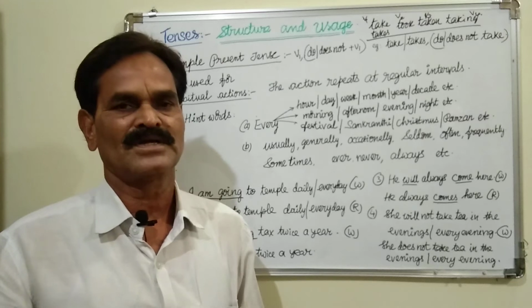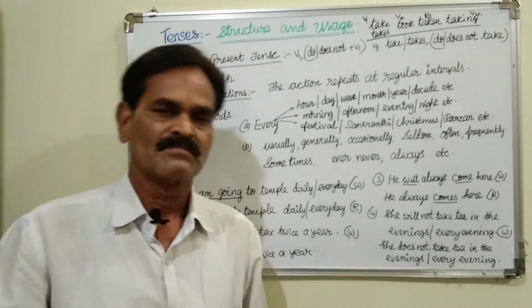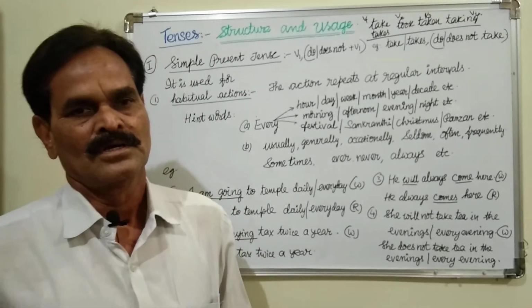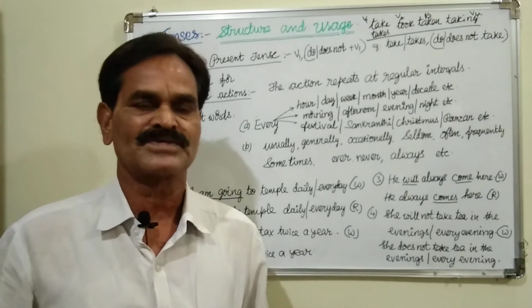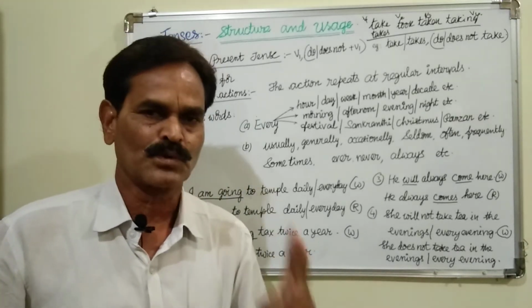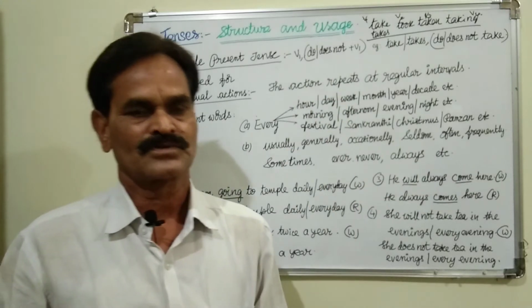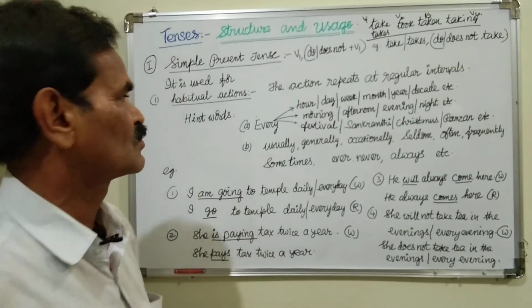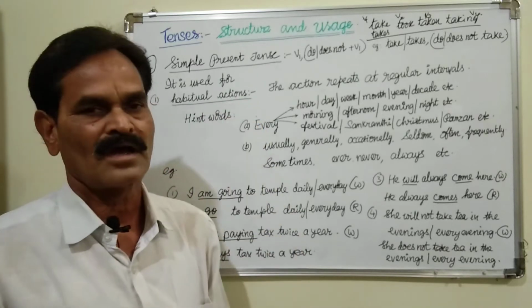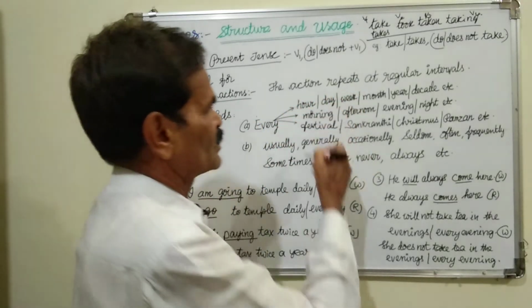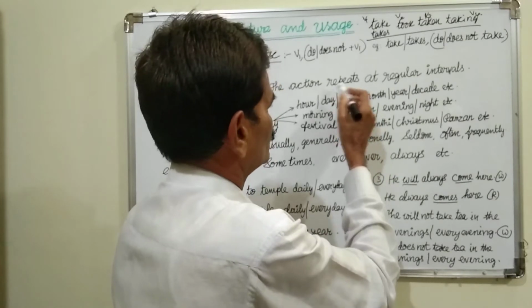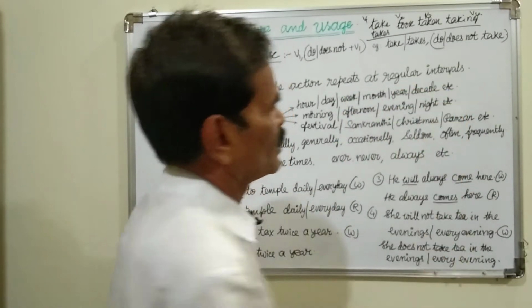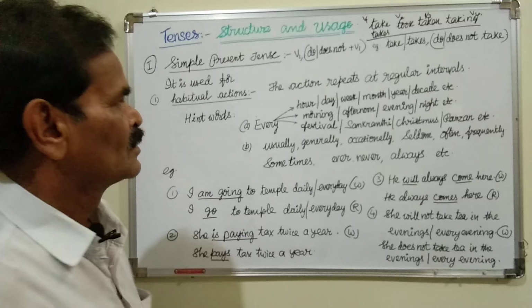Something happens monthly or yearly, it happens monthly or yearly only. Suppose something happens twice a year, that will happen 2 times every year. These kinds of actions are called habitual actions. These actions repeat at regular intervals.